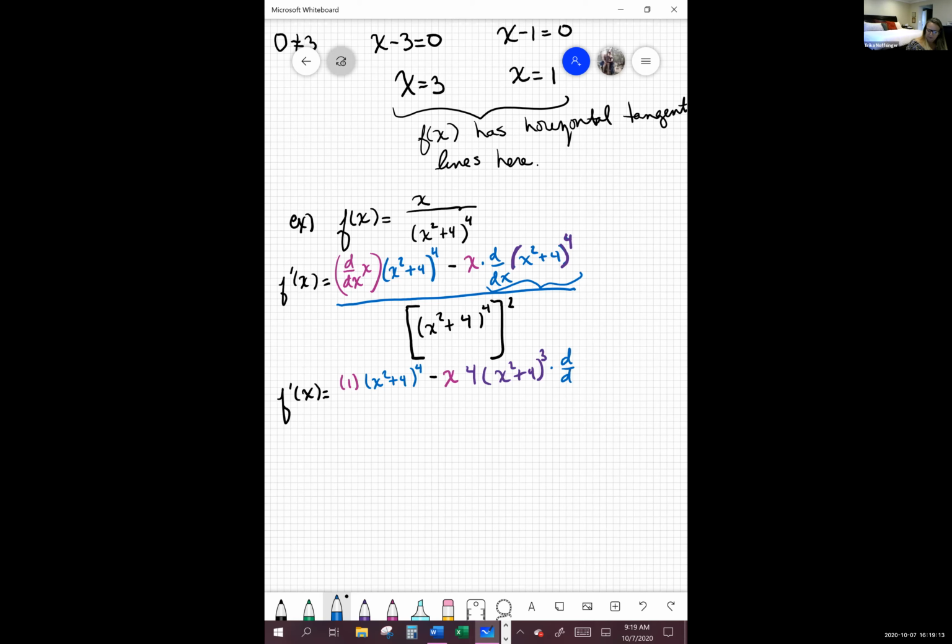We'll come back and do that: d dx of x squared plus 4. All over the denominator squared. By the rules of exponents, power to power, you multiply. So we can rewrite this as x squared plus 4, that whole quantity raised to the 8th power, 4 times 2 exponents.